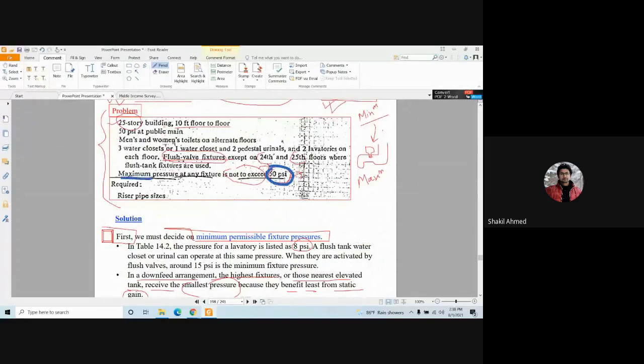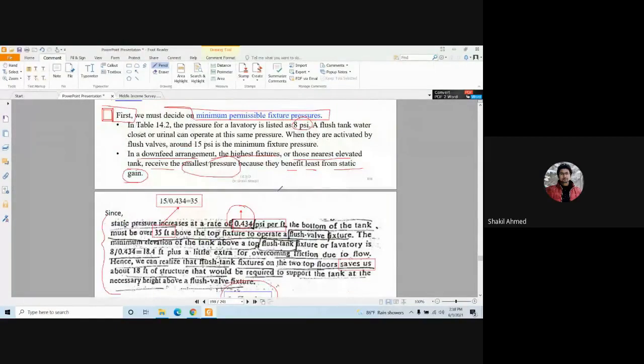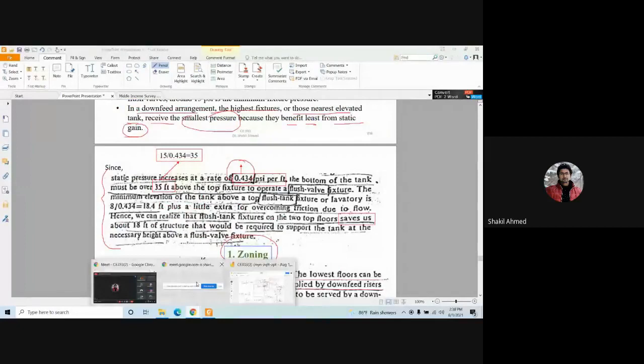Maximum fixture pressure at any fixture is not to exceed 50 psi. That means if the pressure increases more than this, your fixture will be broken down, right? Yes, sir. Now, how do you determine this? Easy.